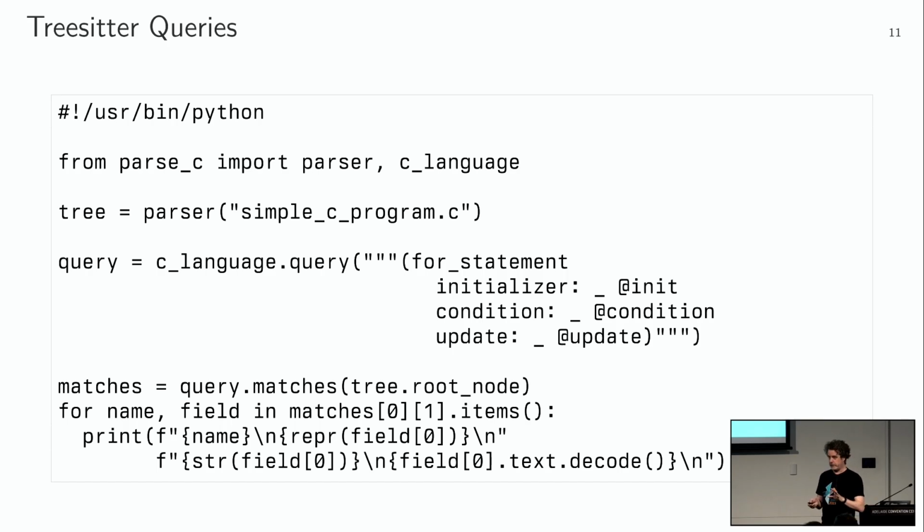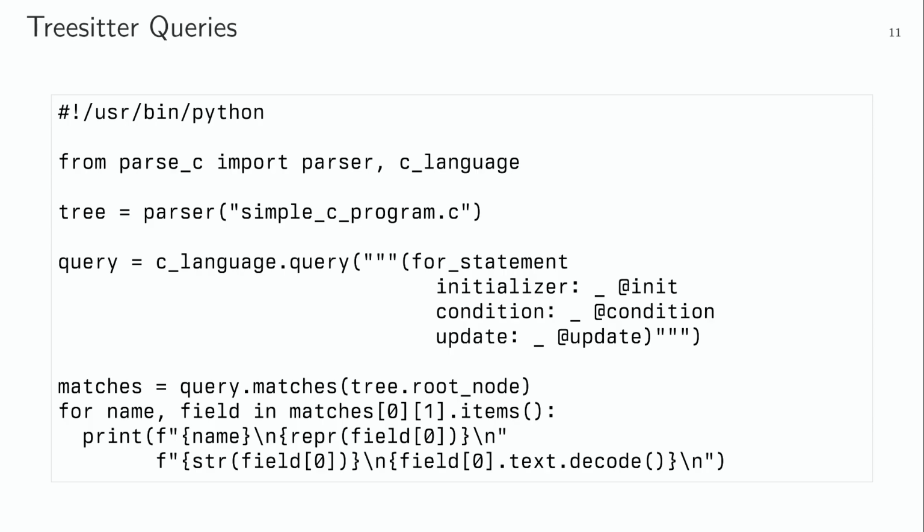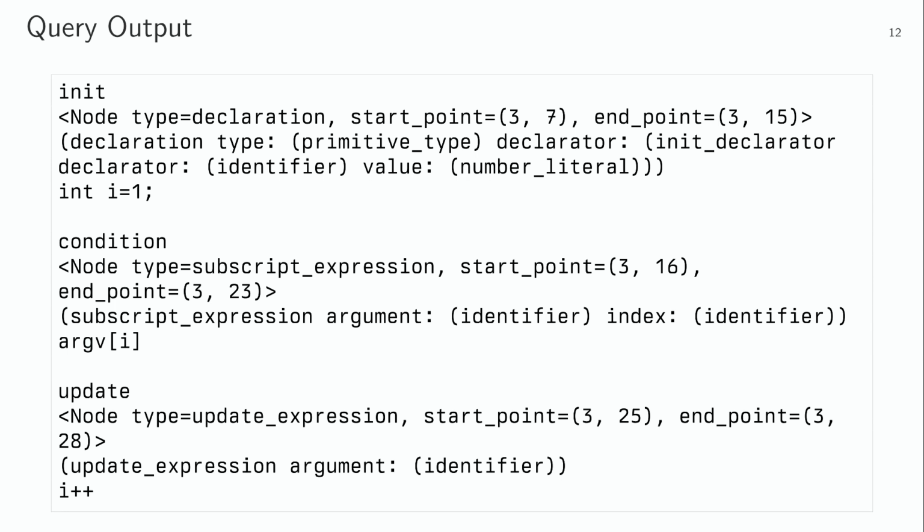And seeing the results of the prints is easier to understand than actually understanding the code. So we had the init, the condition, and the update. And here we have 3 matches, the init, the condition, and the update.